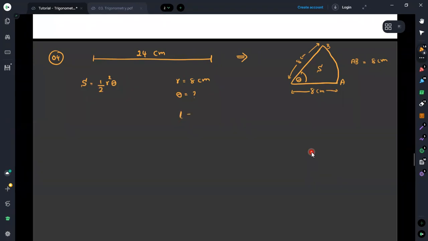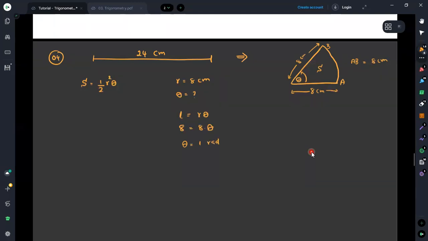Using the equation L equals r times theta, the length is 8 and r is 8, and in this manner we can find the value of theta equal to 1 radian.